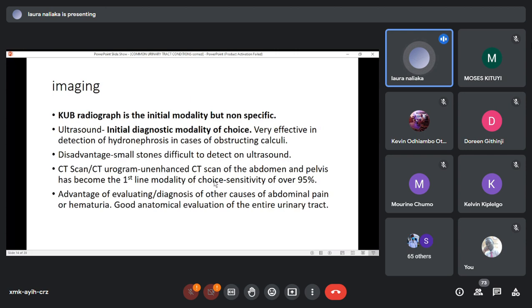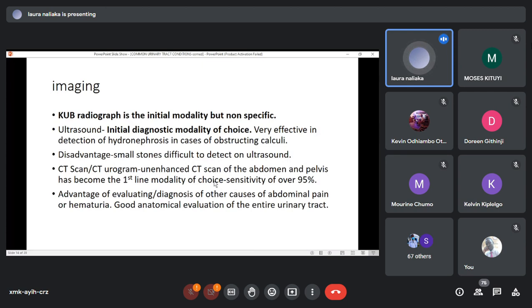Imaging of choice: KUB is the initial modality, but very non-specific. So we usually go to ultrasound, which is diagnostic and very effective in detection of hydronephrosis in cases of obstructing calculi.